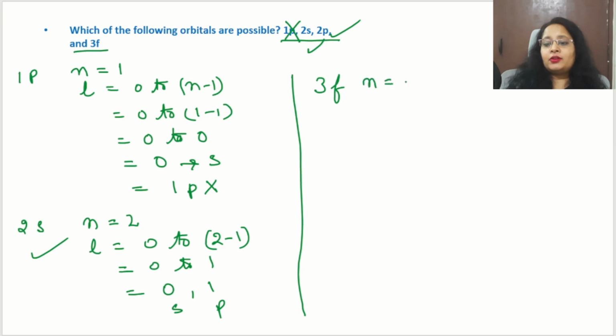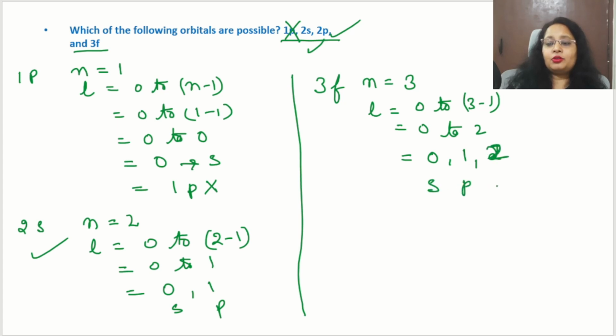Now come to 3f. Now n is equal to 3, so l is equal to 0 to 3 minus 1, that is 0 to 2 only. So it will be 0, 1 and 2. 0 is for s, 1 for p and 2 is for d. So there is no space for f orbital.